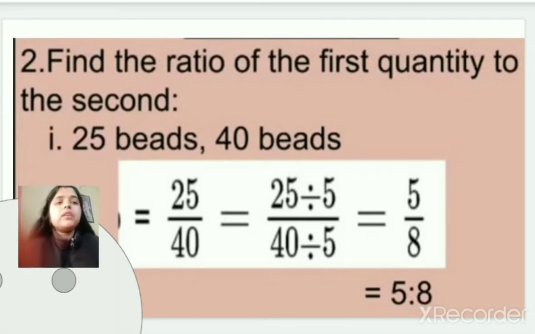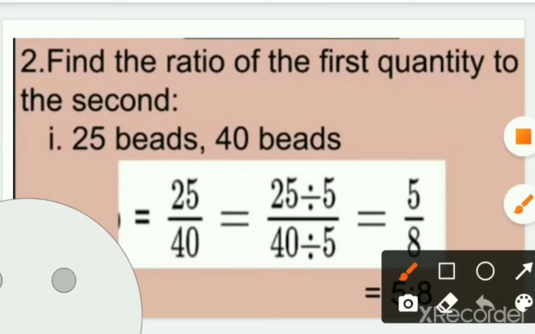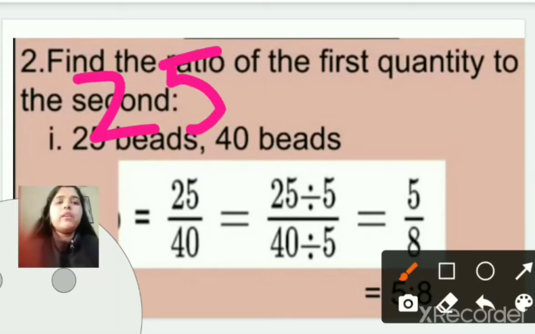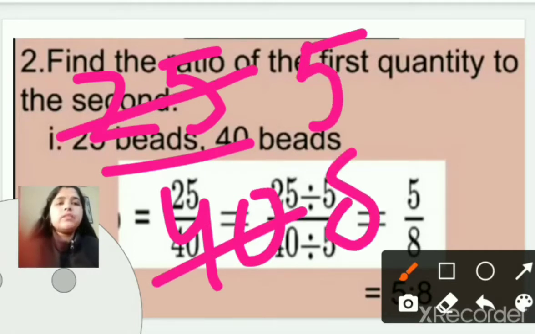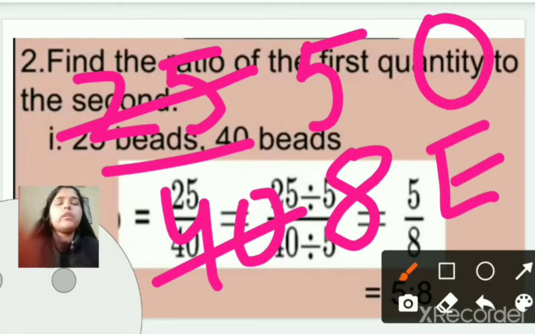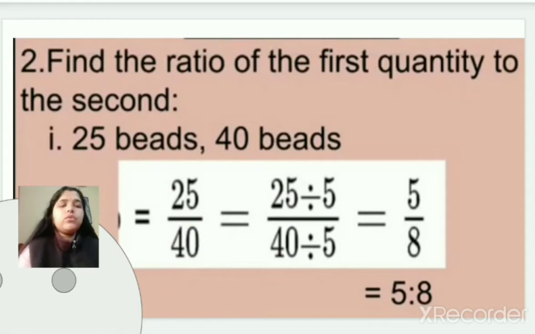In the same way, you write 25 by 40; you have to write this statement also. 5 5s are 25 and 5 8s are 40. You can see that one is an odd number and the other is an even number. When you get a fraction like one odd number and one even number, stop dividing. So our ratio is 5:8.